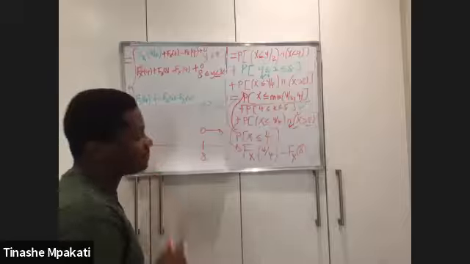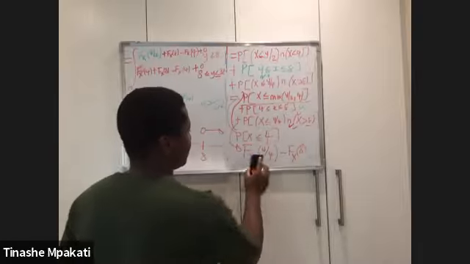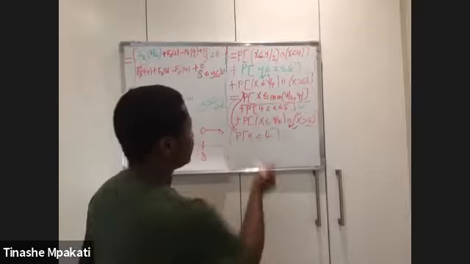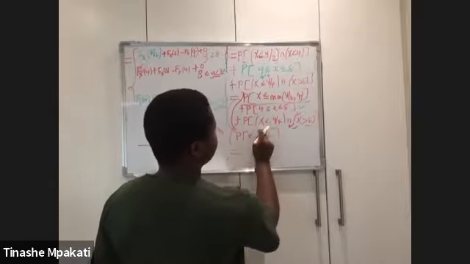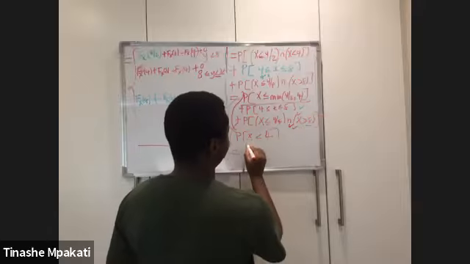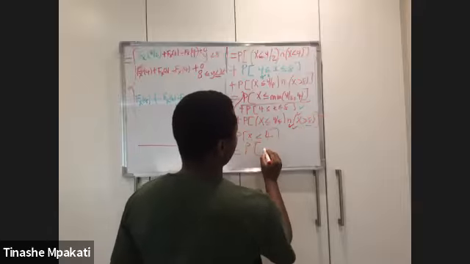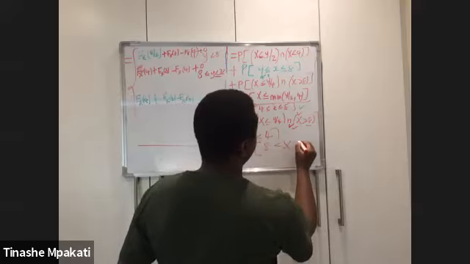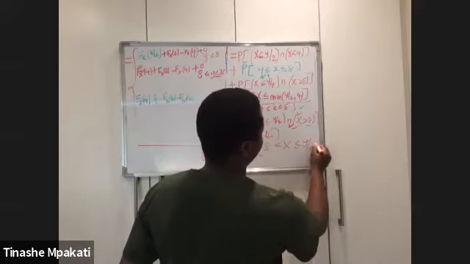The reason being is because if I were to simplify this here, this part here is actually just the probability that x is less than y over 4, but it's greater than 8. So what I have, this is the probability of 8, and then I have my x like this, and then I have y over 4, like that.